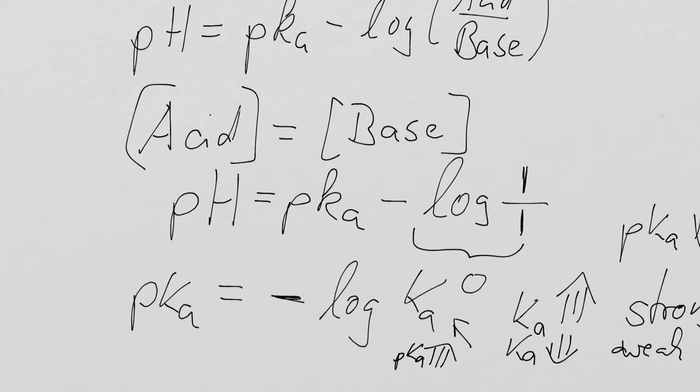Right, so if our acid to base ratio is 1, then the pH of the solution is the same as the pKa. So, for example, I can take, let's say, 100 millimolar acid, and I add 100 millimolar of the corresponding conjugate base.